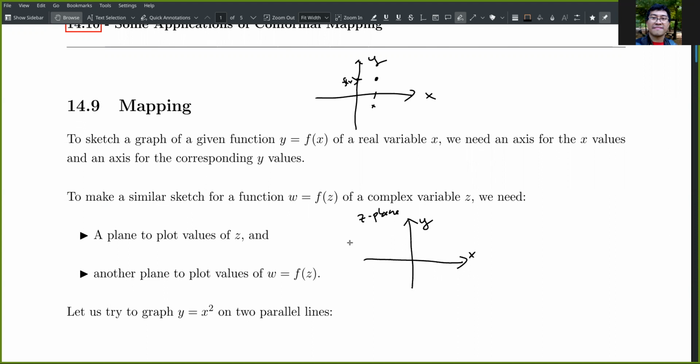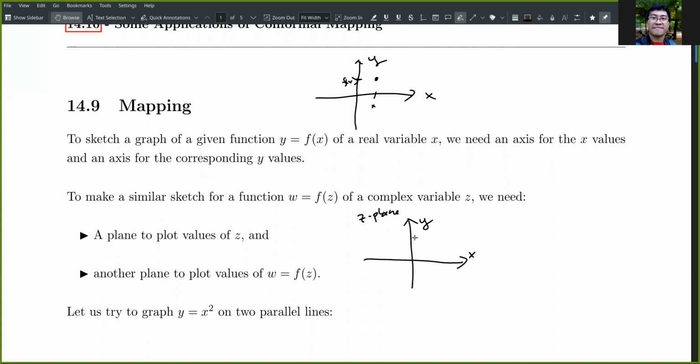But if you have a function, you need another plane that would describe the corresponding value of the points on that plane with respect to the form of the function. In that case, you already have a two-dimensional plane.